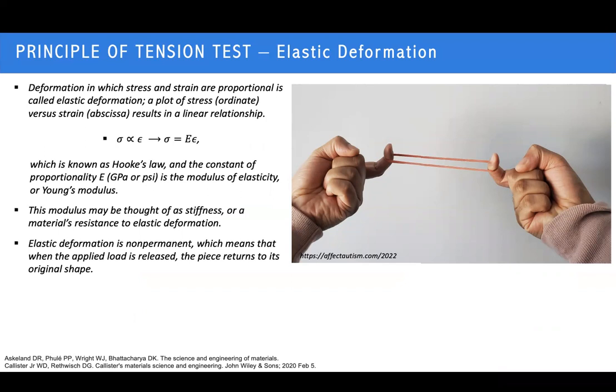And when you release the rubber band, it goes back to its original shape. A material that is able to go back to its original shape after we remove the applied force has a high elastic property.